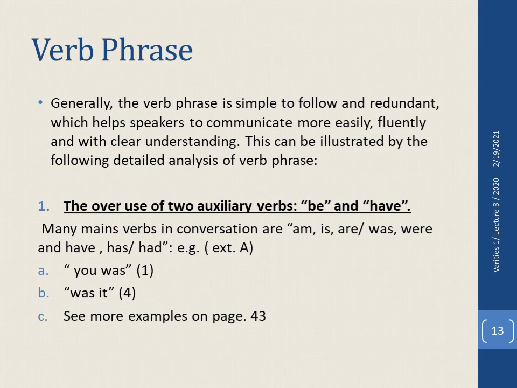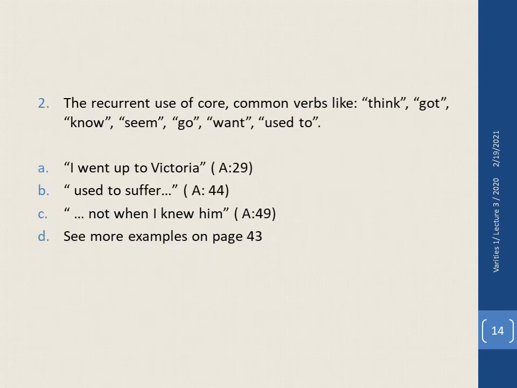As found in extract A, for example, "you was it" for tag questions. See more examples on page 43. The current use of core common verbs like think, got, know, seem, go, want, or used to.